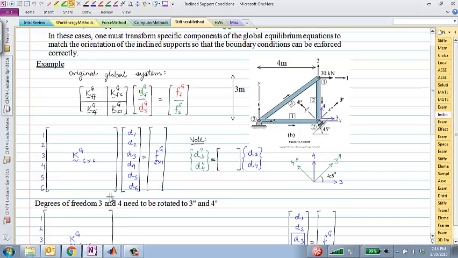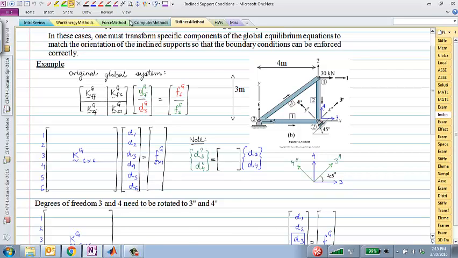So you would have a 6 cross 6 global stiffness matrix. Of the 6 degrees of freedom, 1 and 2 are free. 3 and 4 both have a mix of free and specified, and 5 and 6 are specified, right?